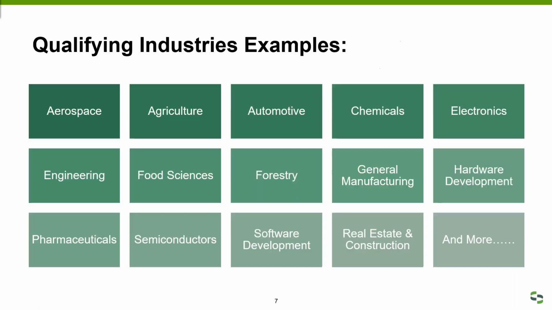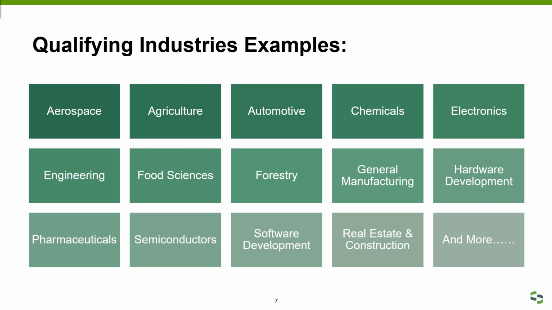So let's talk and kind of summarize some of the qualifying industries that we have done work in, as well as are applicable to this R&D. Each one of these tiles we have done work in as a credit and accounting method team at Jerry Becker. And you can see from these tiles the broadness of the credit in that it's industry agnostic.